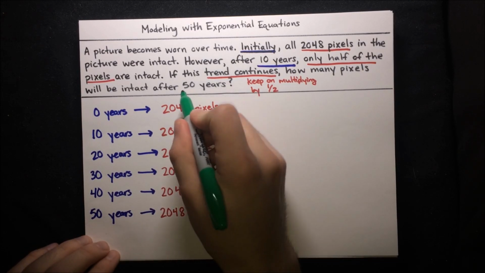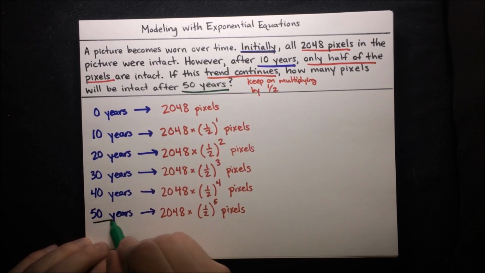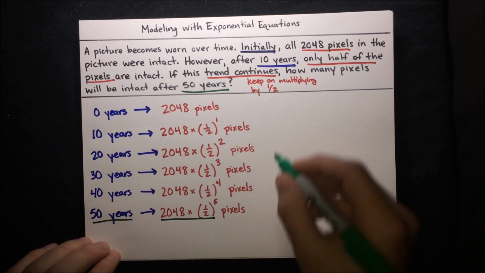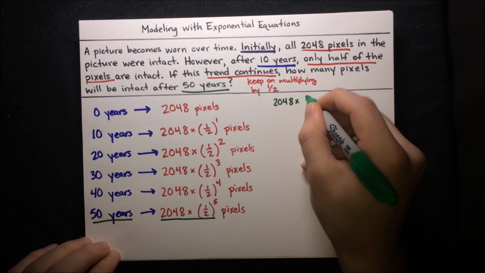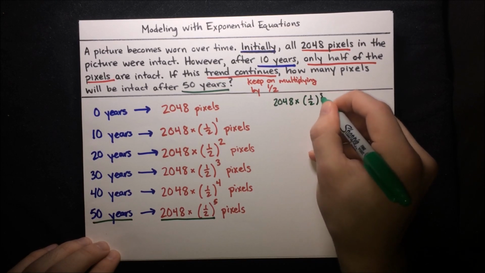Great, so that's where we want it to stop after 50 years. So now we just need to perform this computation here. And let's do that to the side. 2048 times a half to the 5th.